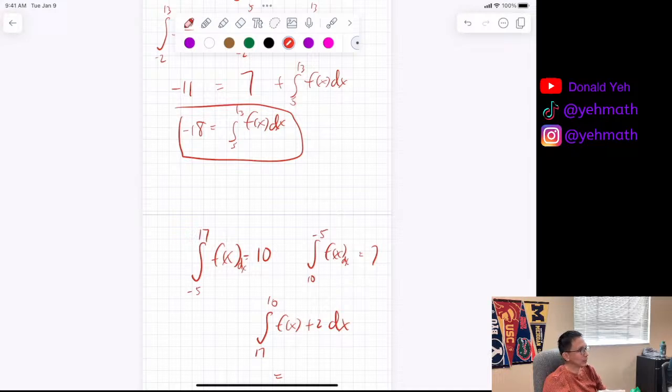No. It's f of x plus 2 dx. I don't know what I did. It's not negative 3. Negative 3 is wrong. Very close.